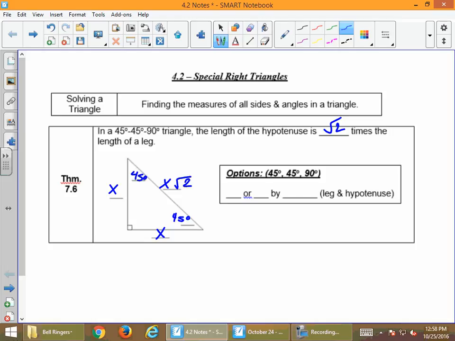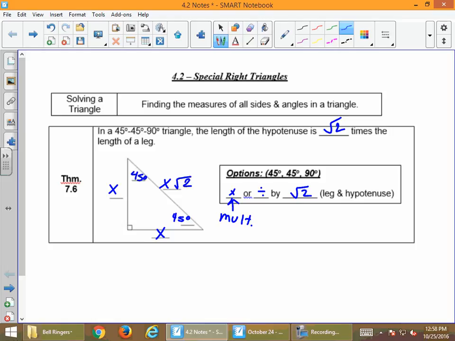So your options in a 45, 45, 90 right triangle, you're either going to multiply or divide by radical 2. If you need to make a note, this means multiply, not x. Do that to get your answer.